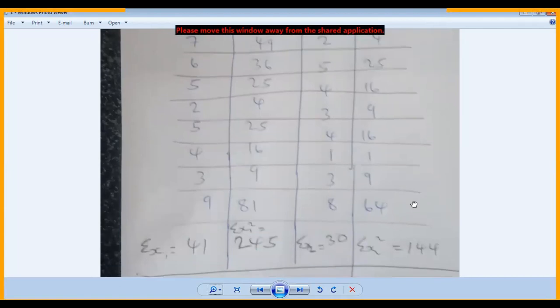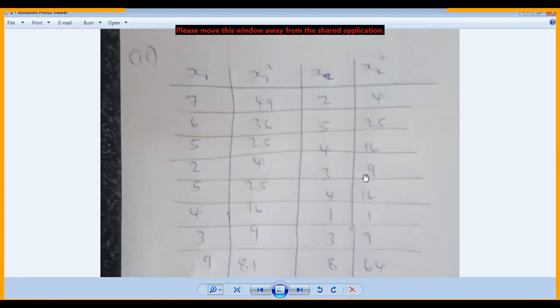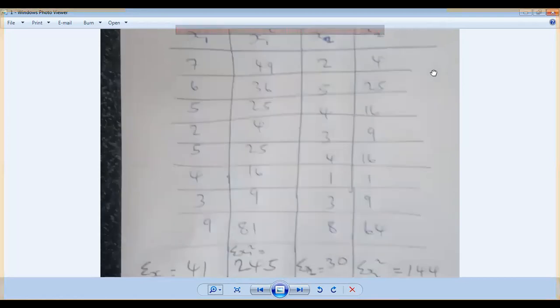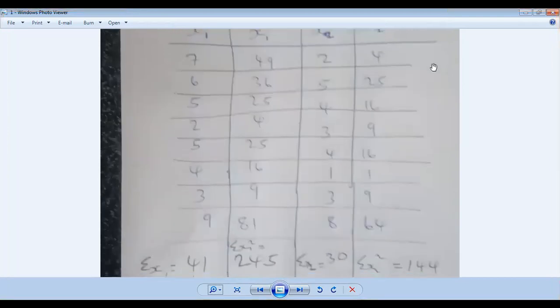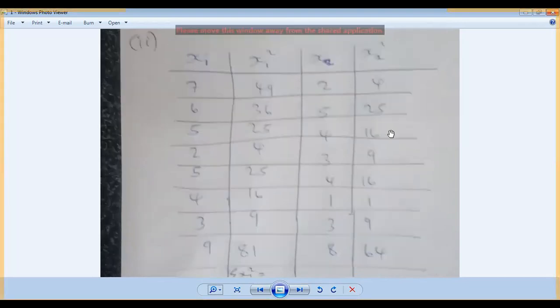We do the same for group number 2, all the values for group number 2, which is represented there as part 2 students' anxiety scores. And they are 2, 5, 4, 3, up to 8. We add them, they give us summation of x2, which is 30. We also square all those values from our table.